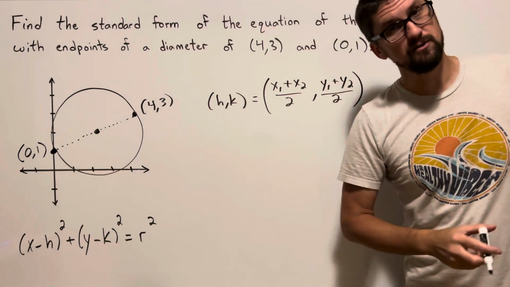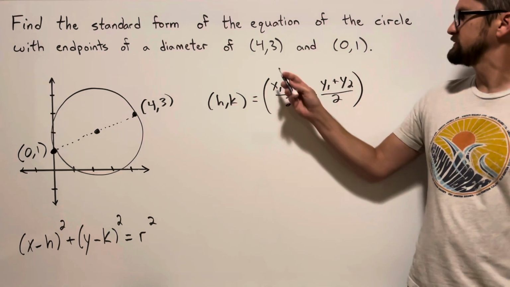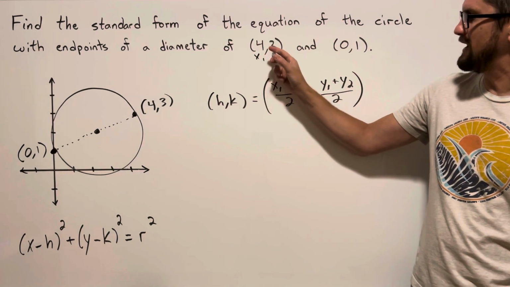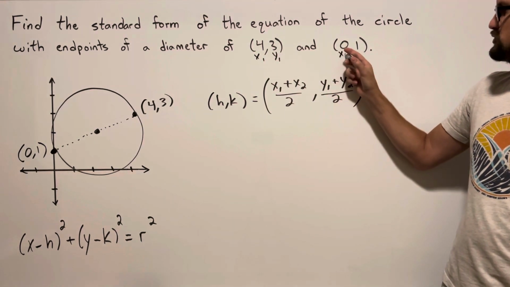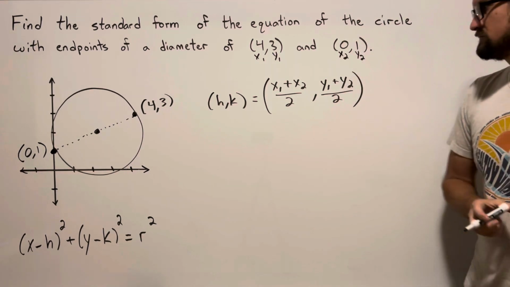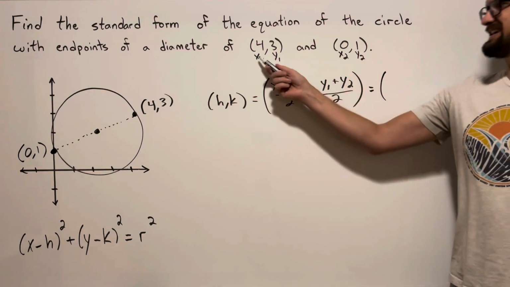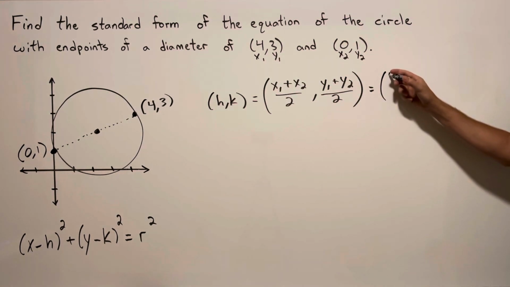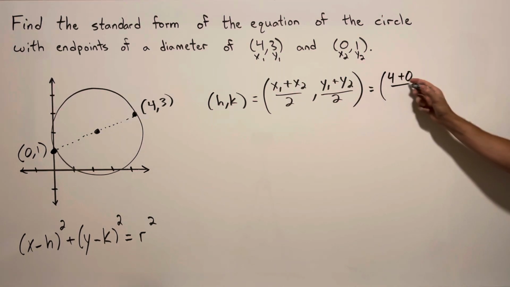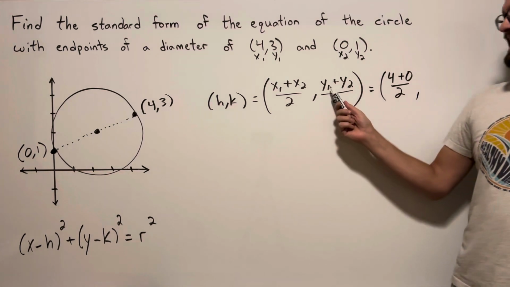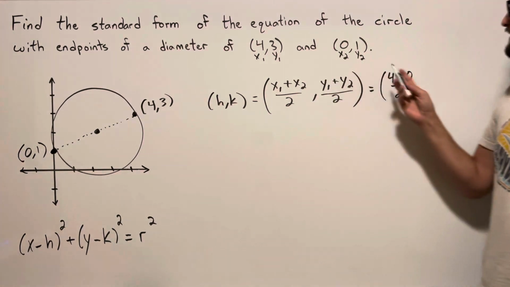That's the midpoint between 2 points. So we can label this one (x1, y1), and (x2, y2). So what I'm going to simply do here is add the x values up and divide by 2, and then add the y values up and divide by 2.